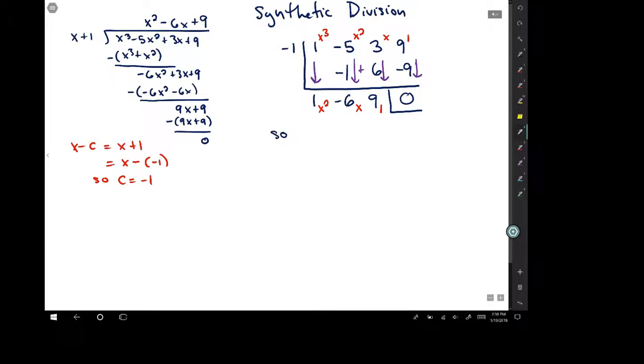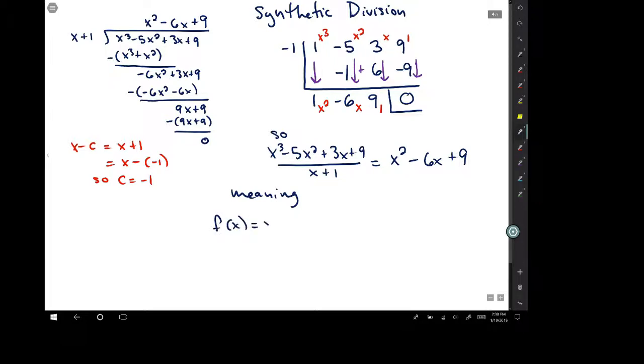So what we have is that x cubed minus 5x squared plus 3x plus 9, when I divide that by x plus 1, I end up getting x squared minus 6x plus 9, meaning that our polynomial that we started with, f of x equals x cubed minus 5x squared plus 3x plus 9, is equal to x plus 1 times x squared minus 6x plus 9, which is exactly what we got before.